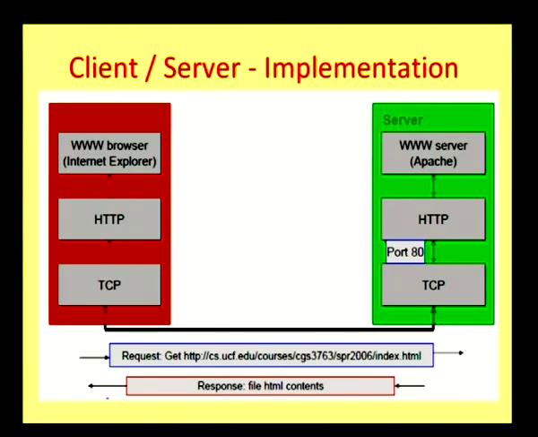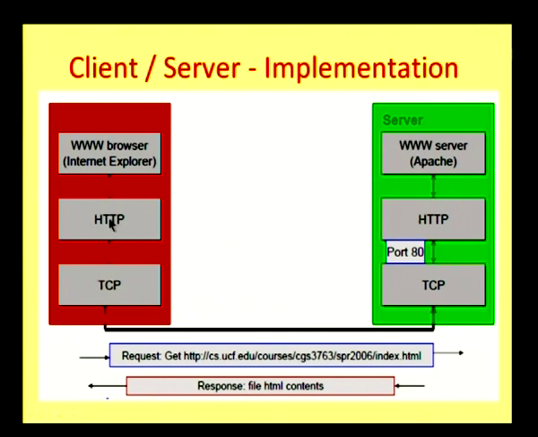Next, the implementation of client server computing. We have the client. In the client machine, you have the World Wide Web browser, which may be Internet Explorer, Firefox or the Mosaic browser, and through the browser the client interacts. Behind the screen the underlying protocol is HTTP.